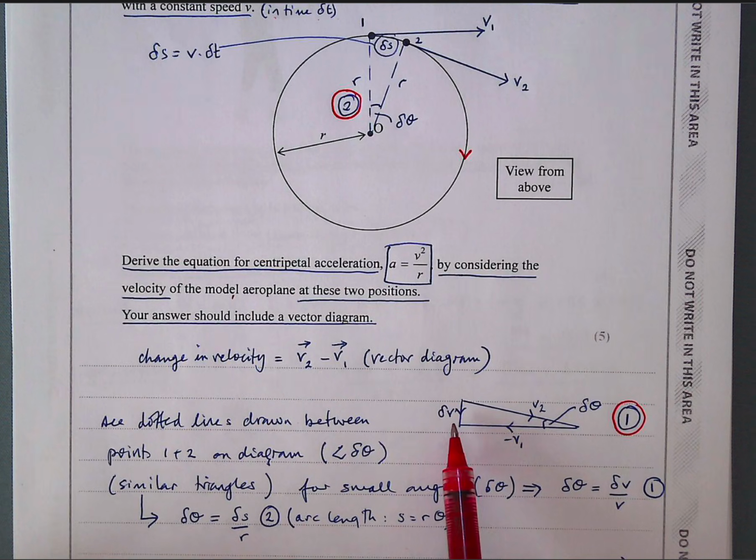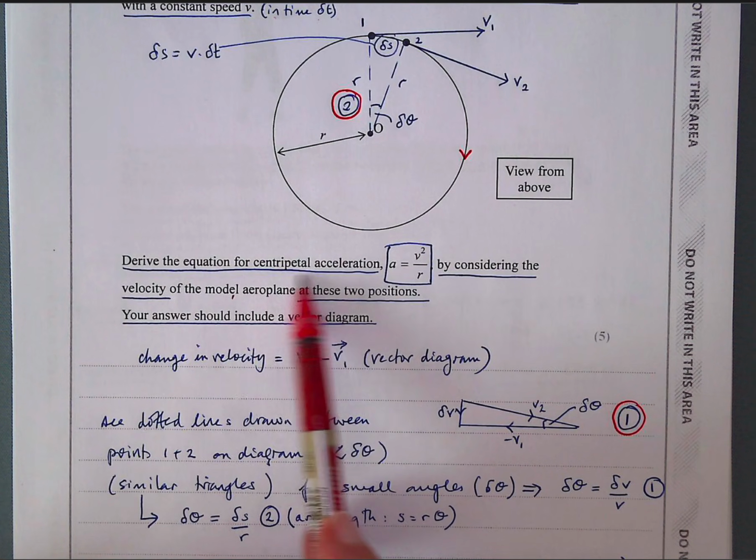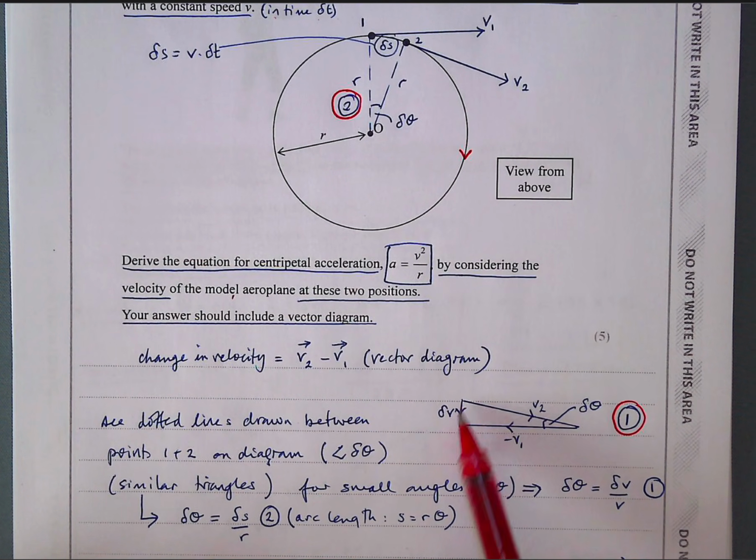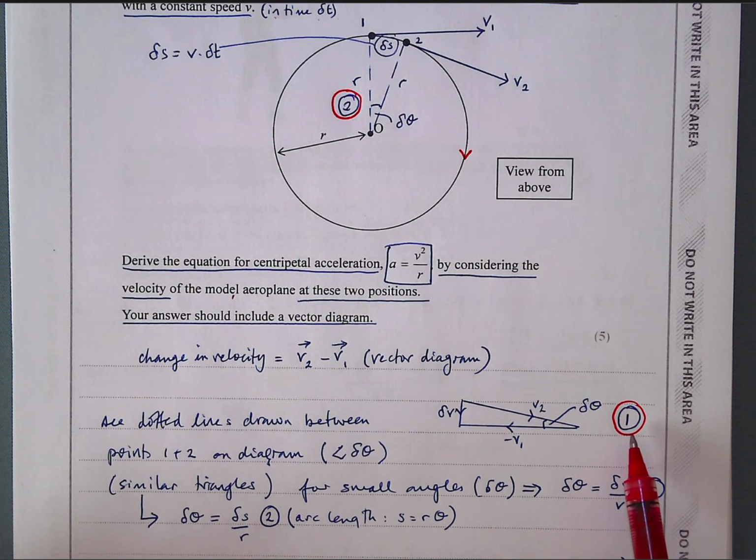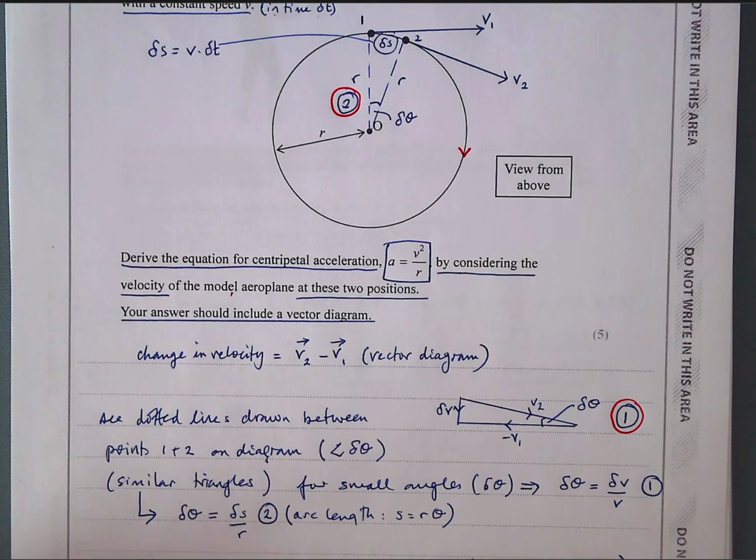This shows that the change in velocity is pointing towards the center of the circle, which is what we mean by centripetal acceleration: the acceleration, or change of velocity, is directed towards the center of the circle. I think that's an important first point to make.